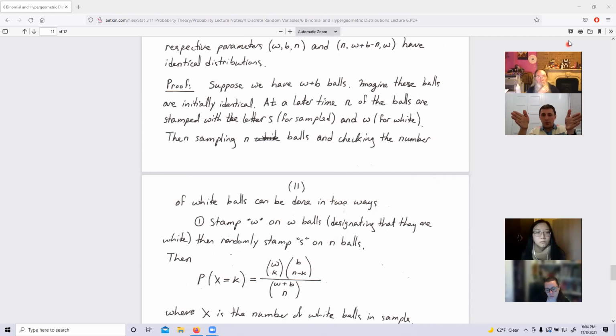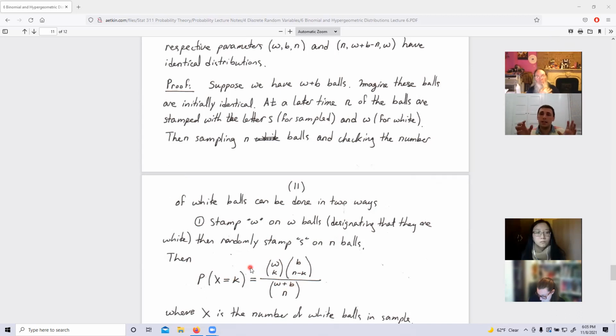Let's say you have a conveyor belt of W plus B balls, and the first W of them are stamped by the machine with the letter W, and the remaining ones are stamped with the letter B. And then the sampling is done randomly. So the stamp S or not S is random. And then the probability that you have K is W choose K, times B choose N minus K, over W plus B choose N. The original way of doing it, right?